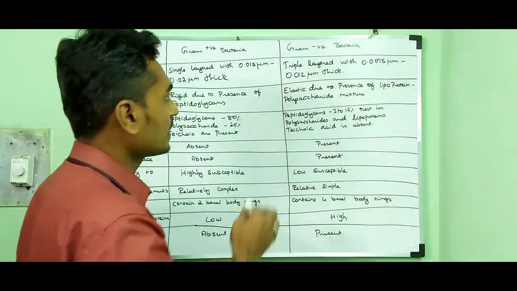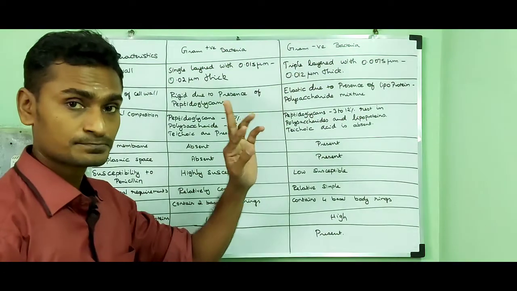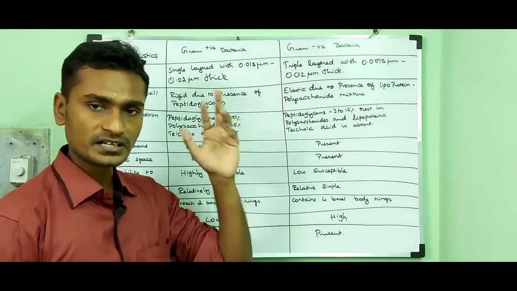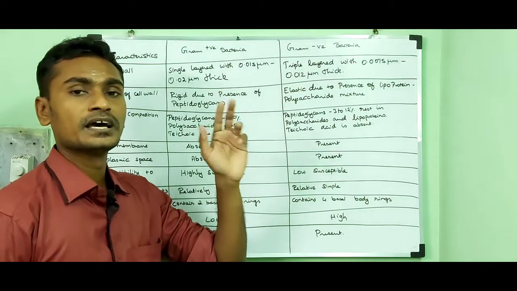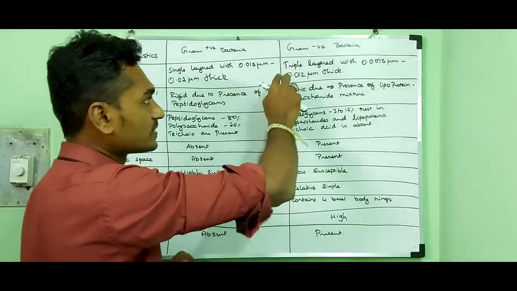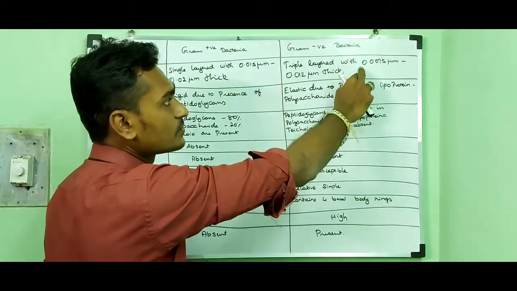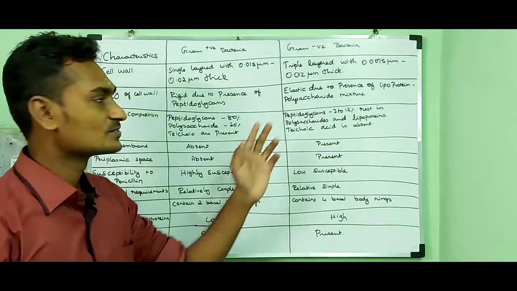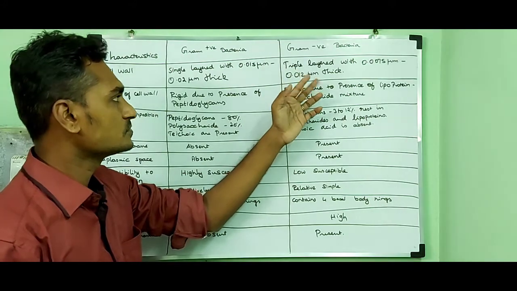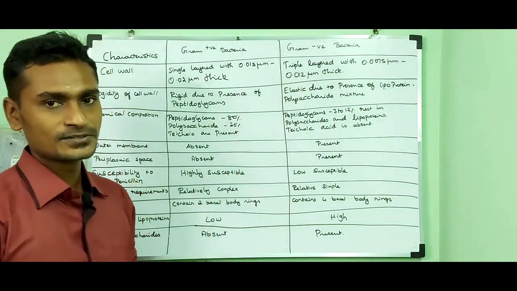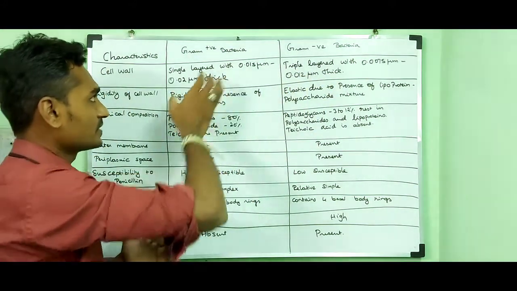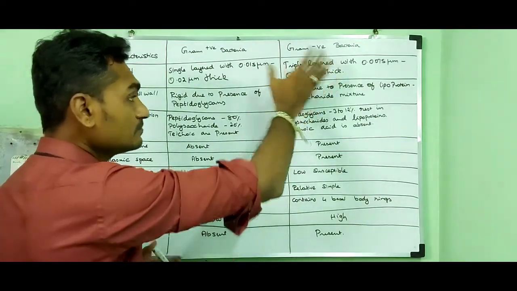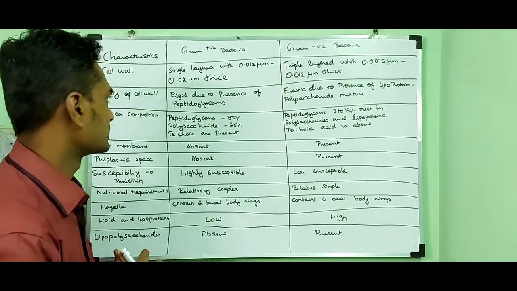While in the case of gram negative bacteria, they are triple layered, that means outer membrane, lipoprotein and lipopolysaccharide, with 0.0075 micron to 0.012 micron thickness. So the gram positive bacteria cell wall is somewhat thicker than gram negative bacteria.